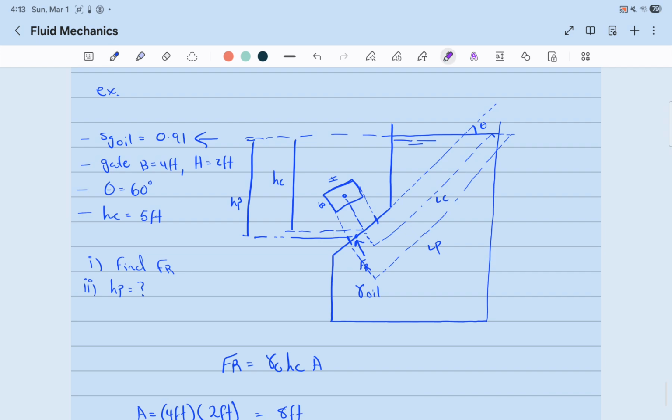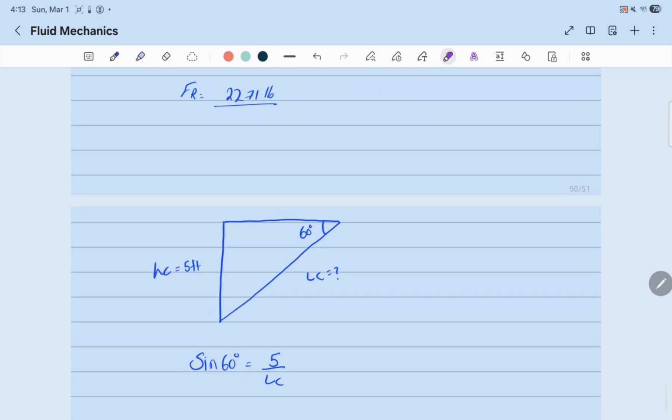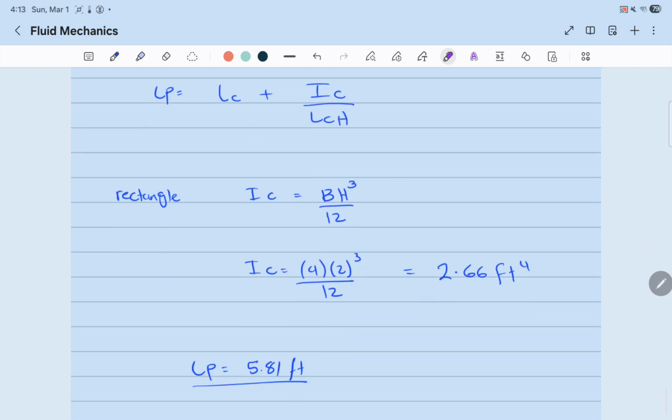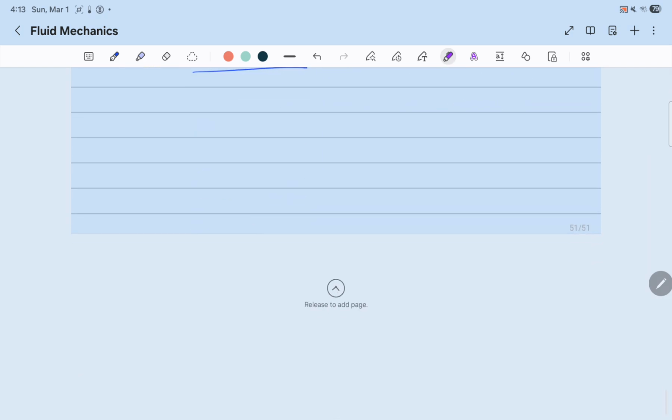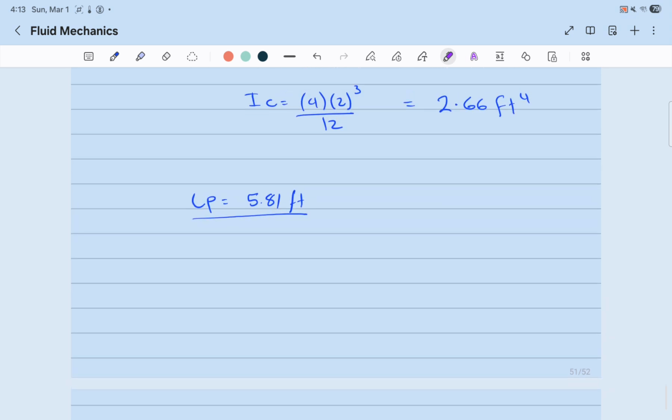Okay. Now going back here, we can do the same thing again. Use LP with the angle of inclination to find HP. So it's similar to what we did here, except that the HP is unknown and the LP is known. So we'll do that again. That's your LP, 5.81 feet.